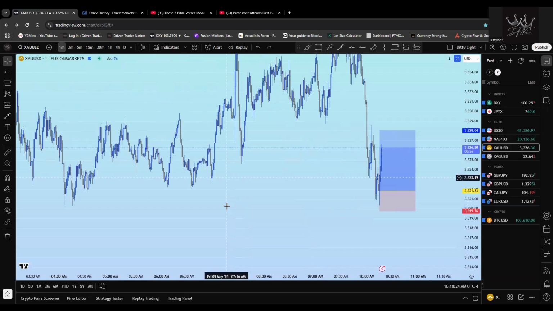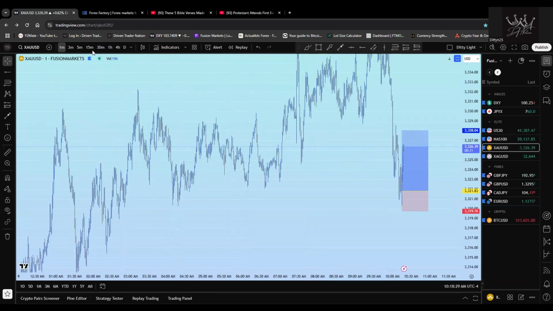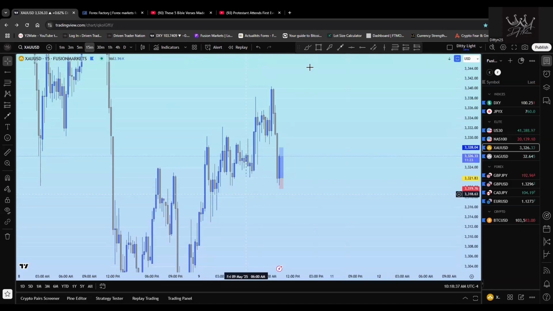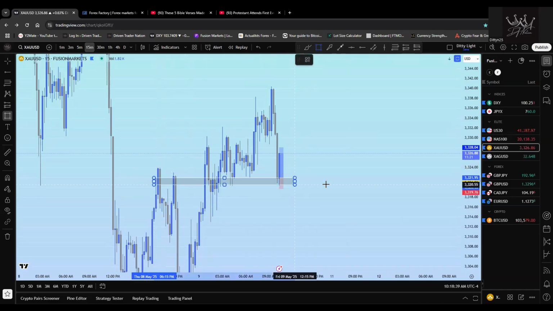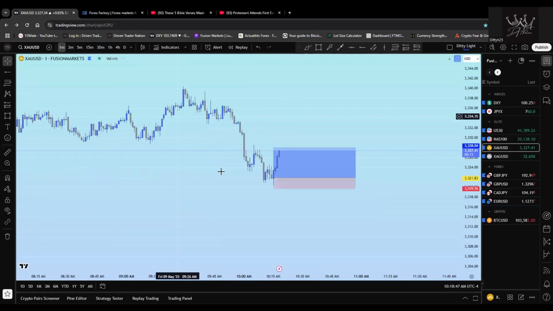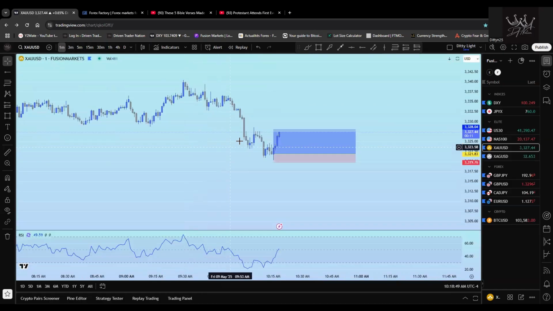Okay, so why I play this zone? I'm playing this buying zone here. Here, you see? Boom. This buying zone, and then we have divergence.